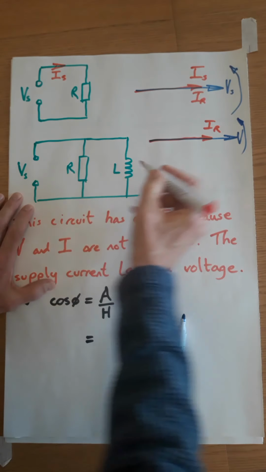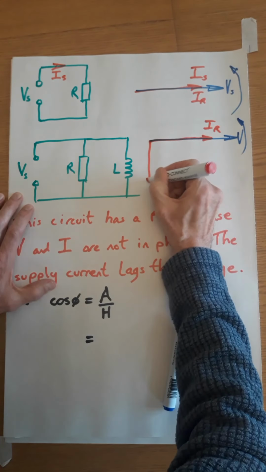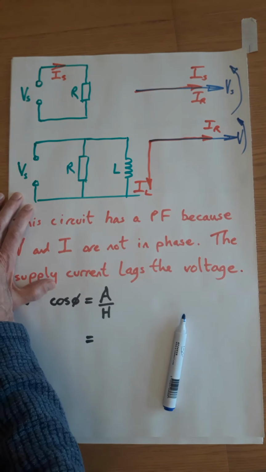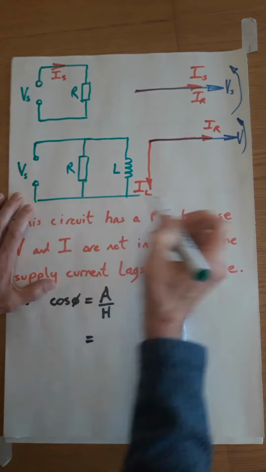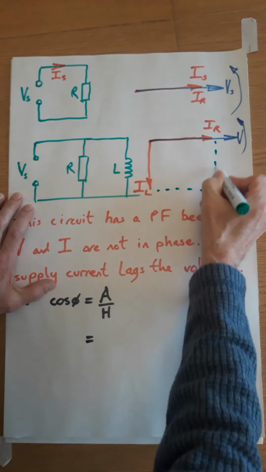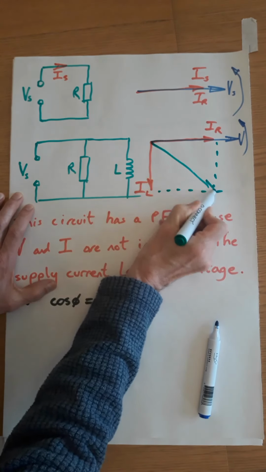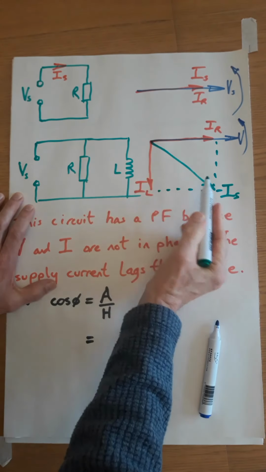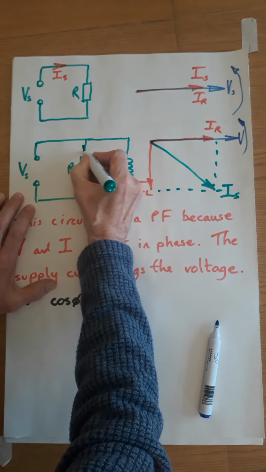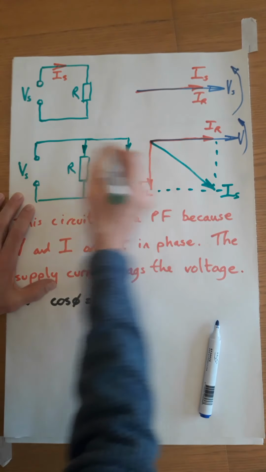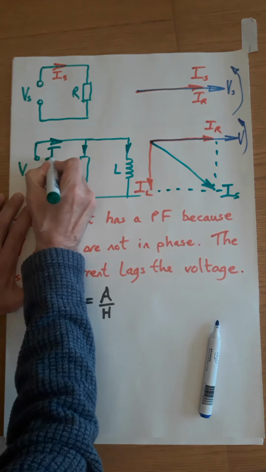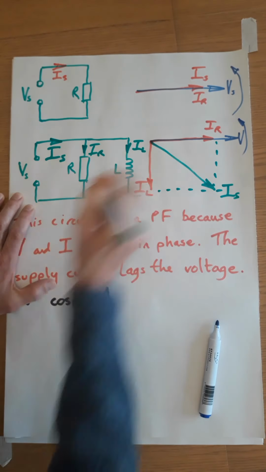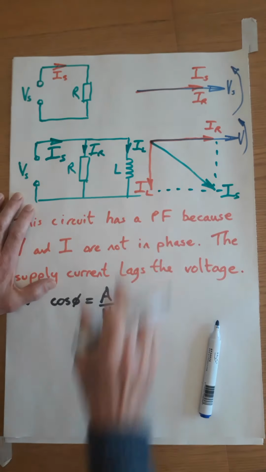The current through the inductor is going to lag, like so, and the supply current is going to be the result of these two currents. So IR, IL, IS. Okay, so this bit we've met before.